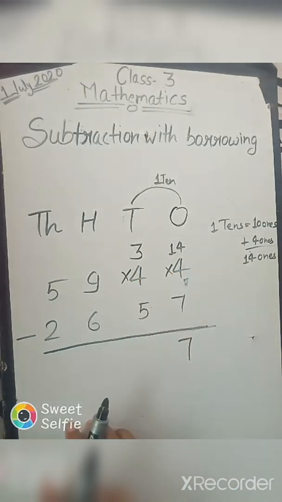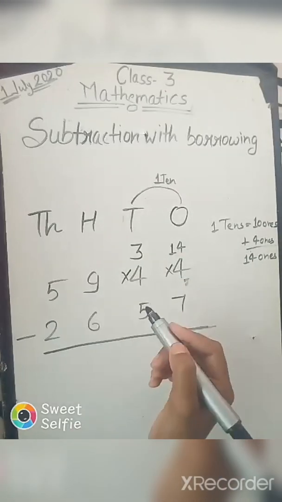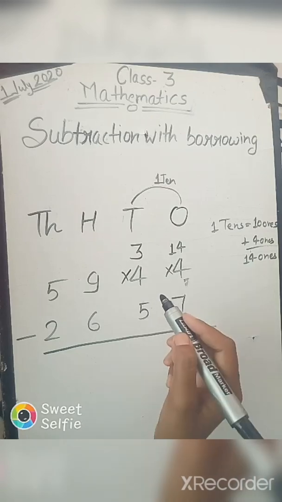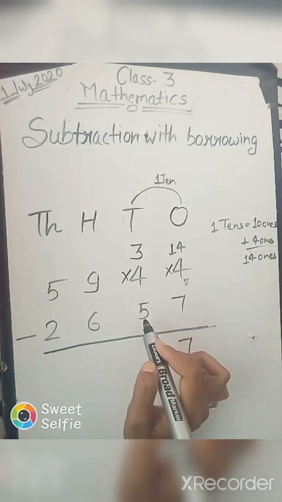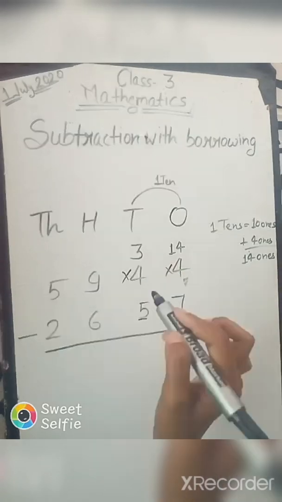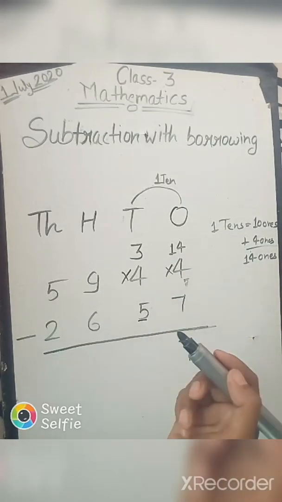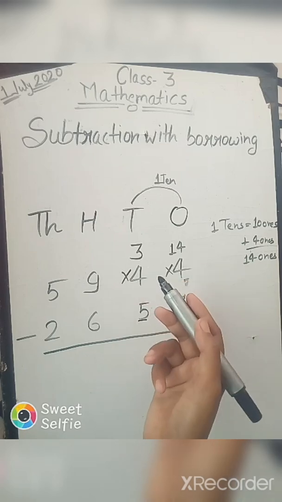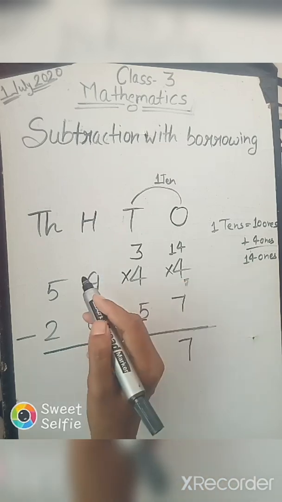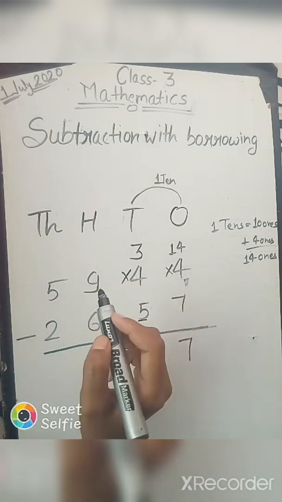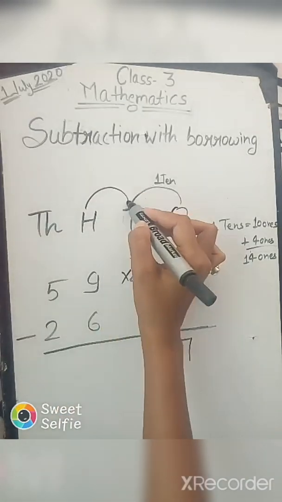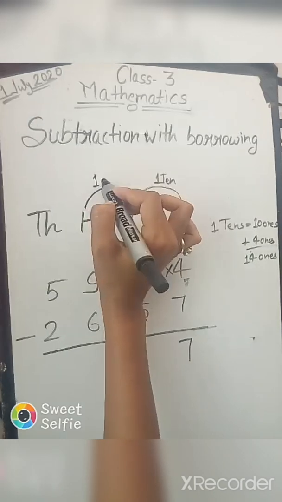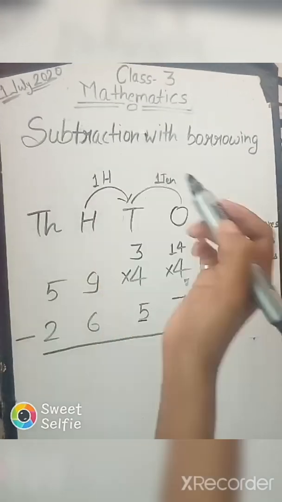At the tens place, we have to subtract 5 tens from 3 tens. Again, we know we cannot subtract it. So, we will borrow from 100. When we borrow from 100, 100 will give 100 to tens.